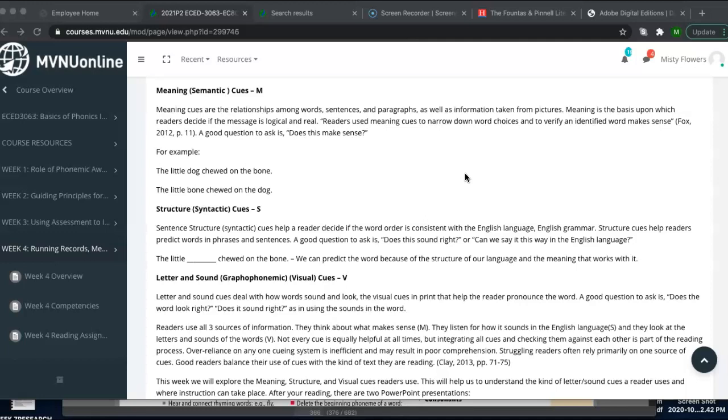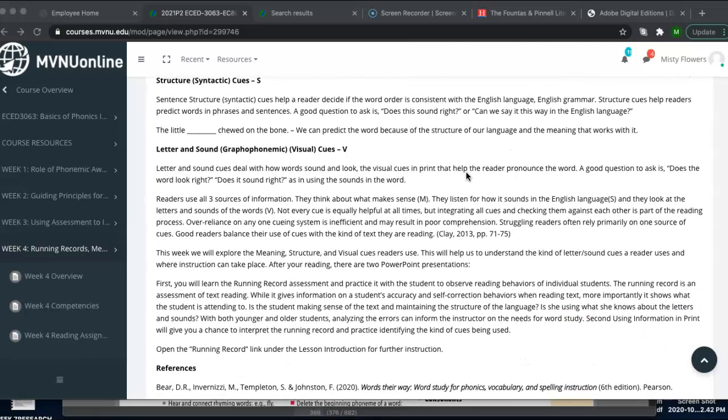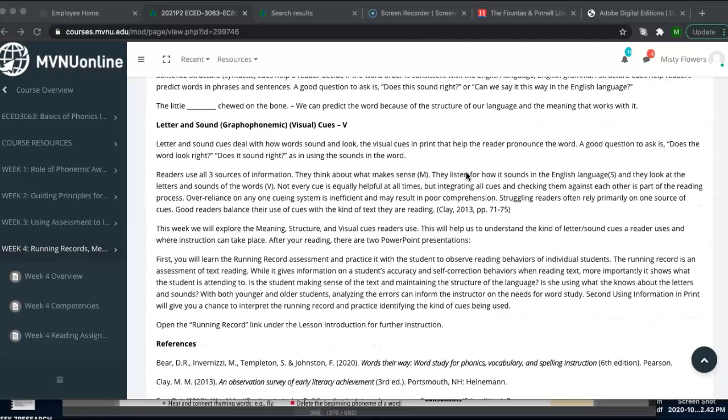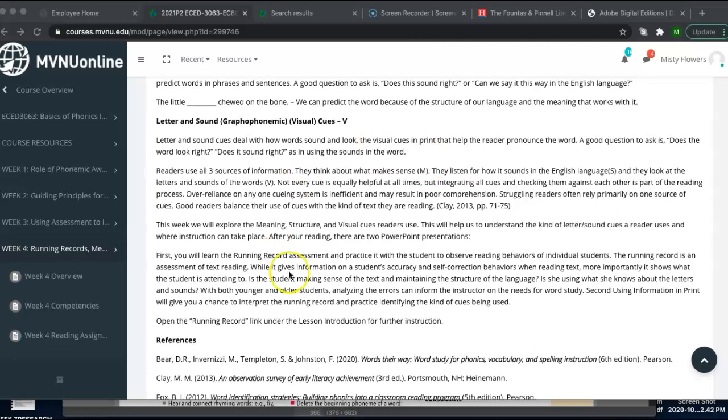Structure. Does this sound right? Can we say it that way in English? If we can, then it is a structural error. An error can be a meaning error and a structural error. Visual. Does the word look right?